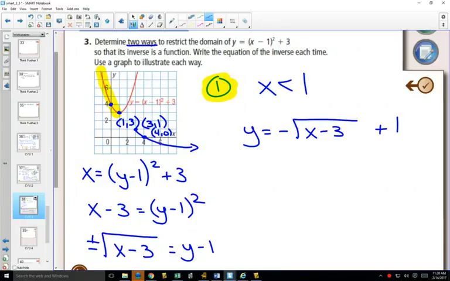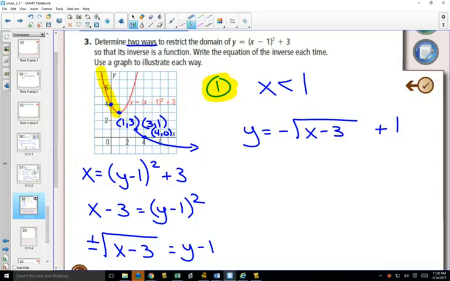So our first way to restrict the domain would be to take our vertex and do everything to the left of it, because that yellow part passes the horizontal line test. And then when we draw the inverse of just the yellow part, it passes the vertical line test.